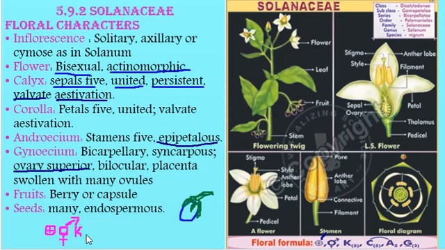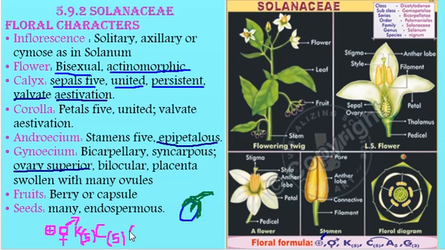Then I am writing the number as a subscript, and the united condition, that is gamosepalous condition, I am showing it in the bracket. Then corolla is represented with a C. How many petals are there? There are 5 petals. How can you show the united condition of the petals? By placing the number within the bracket.